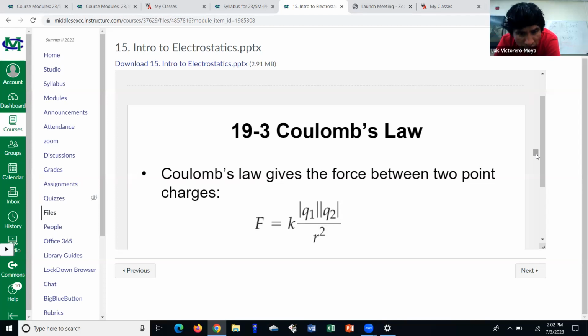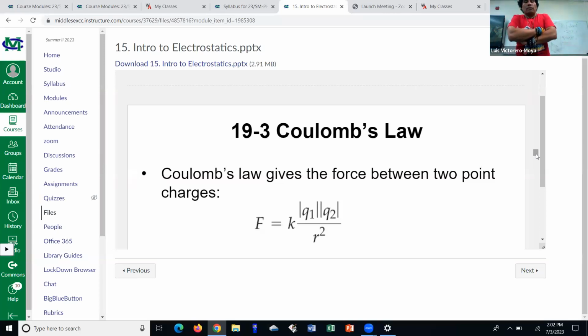In Coulomb's law, we have that the electric force or electrostatic force is equal to K times the magnitude of Q1, the magnitude of Q2, divided by R squared, where R is the distance between Q1 and Q2. Units-wise, Q1 and Q2 have to be in coulombs, and R has to be in meters.